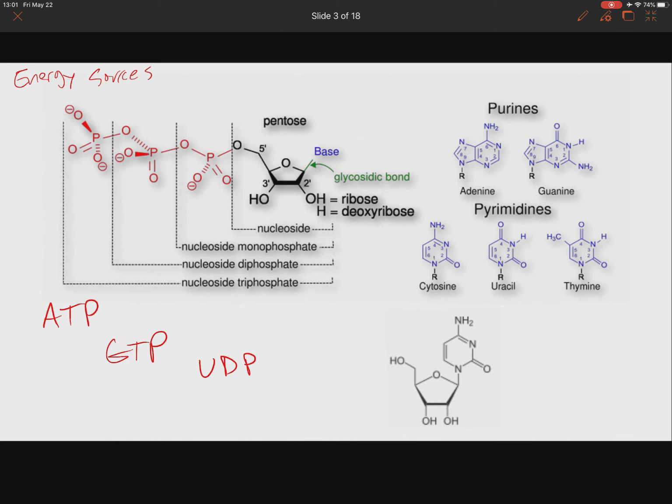This is a building block for making glycogen. Glycogen being, if you remember, the energy storage molecule in our bodies. CDP, so this would be cytidine diphosphate, is similarly linked to several different molecular building blocks important for glycerophospholipid synthesis. So some of the lipids that we talked about in the last chapter.